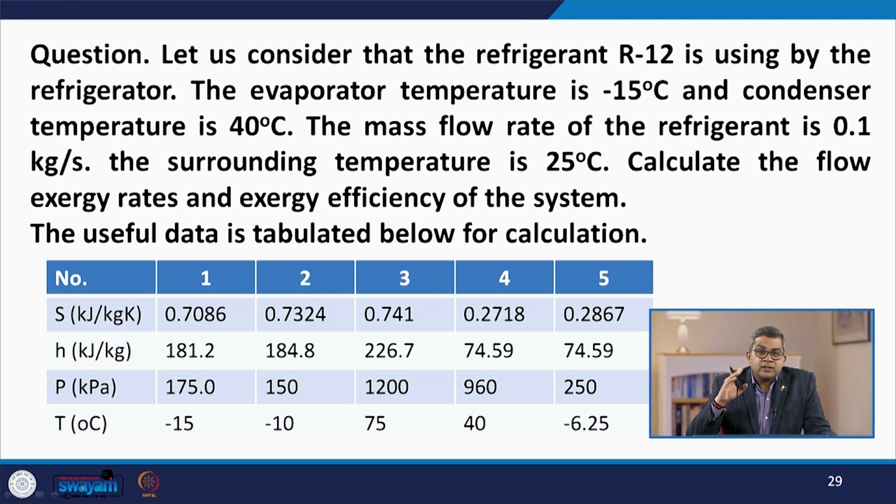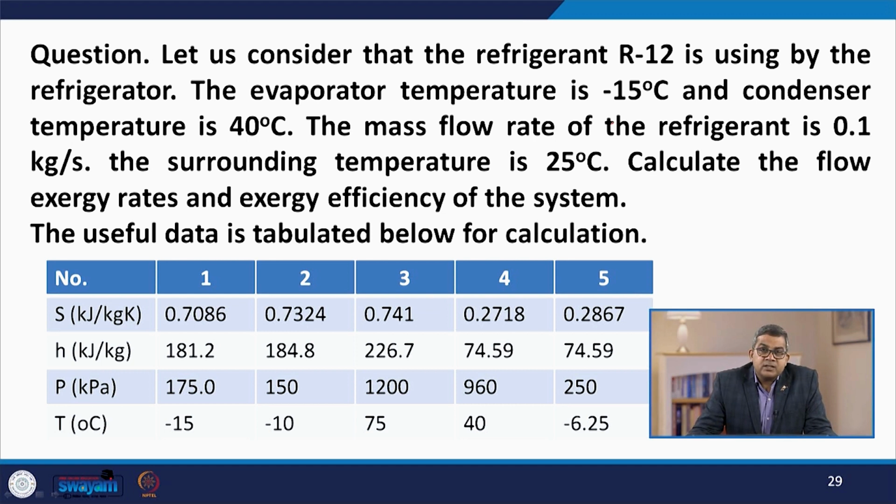For enthalpy in kilojoule per kilogram, stage 4 and stage 5 have the isenthalpic operation and have an enthalpy of 74.59 each. Apart from this, stage 1 has an enthalpy of 181.2, and stages 2 and 3 have enthalpies of 184.8 and 226.7 respectively.